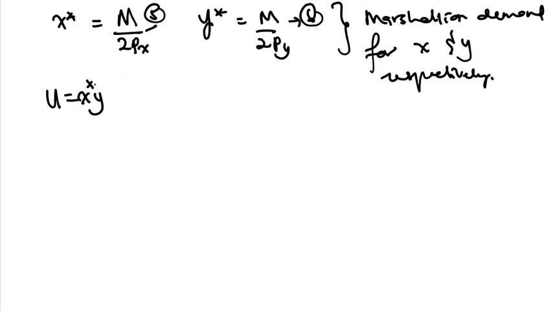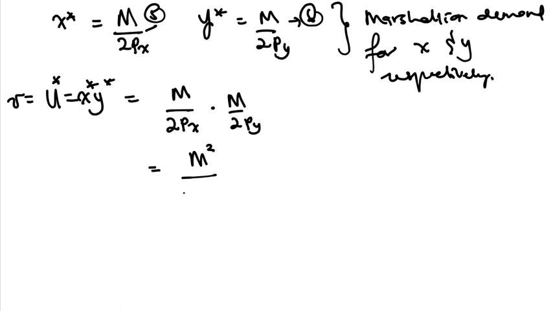When we have the indirect utility function, we call it v, isn't it? Now look here one by one: m over 2px times m over 2py. If we simplify it further, we have m squared over 4 px py. So this is our indirect utility function.